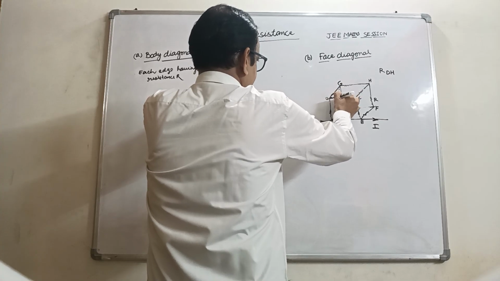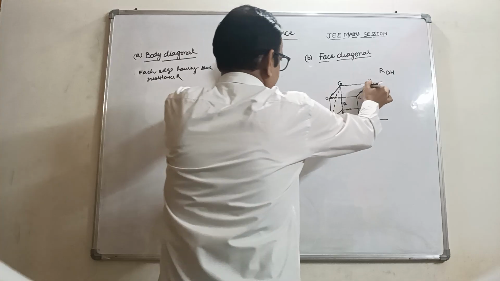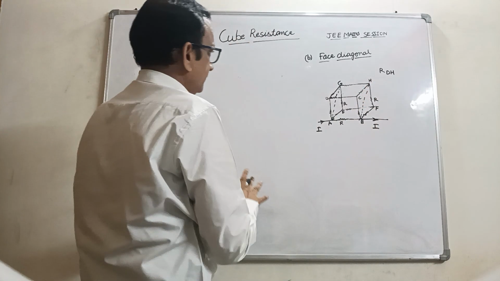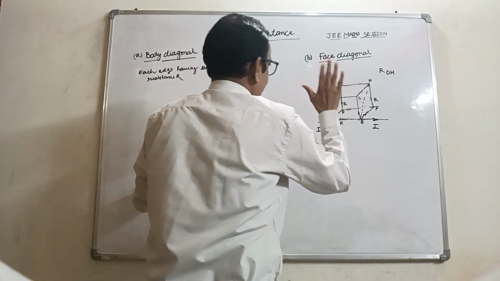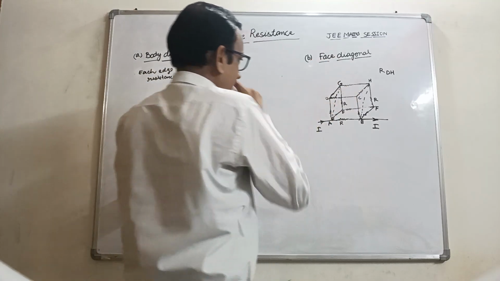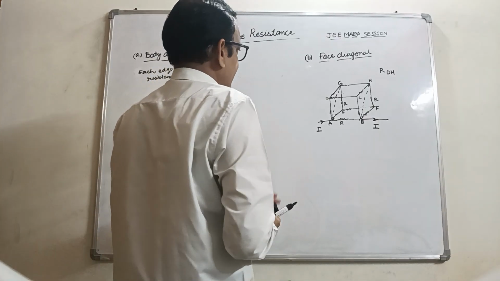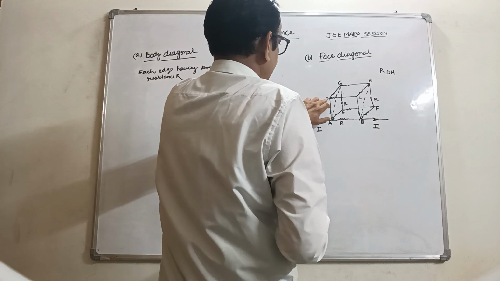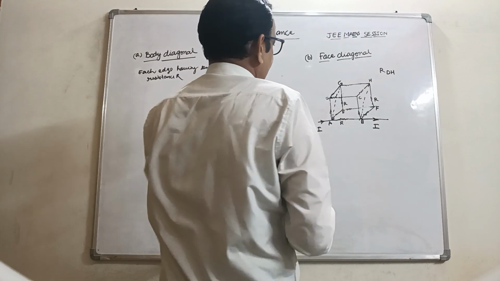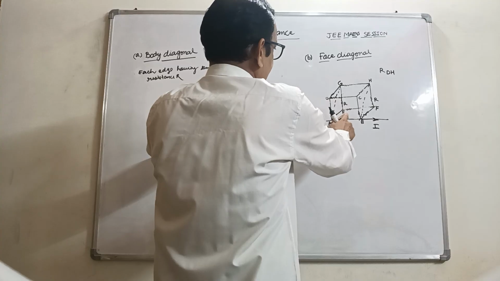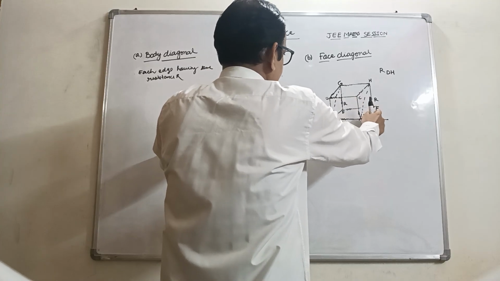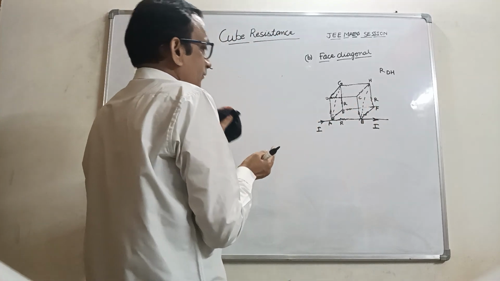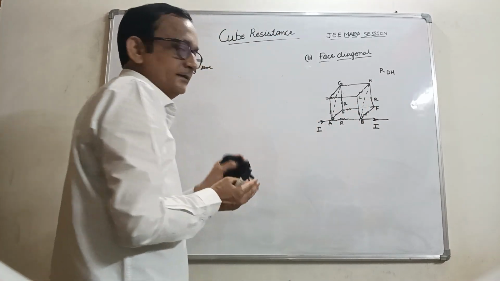We apply folding symmetry. When we fold this face, this point coincides with E. D would coincide with E, and C would coincide with F. On folding symmetry, the coinciding points have the same potential.